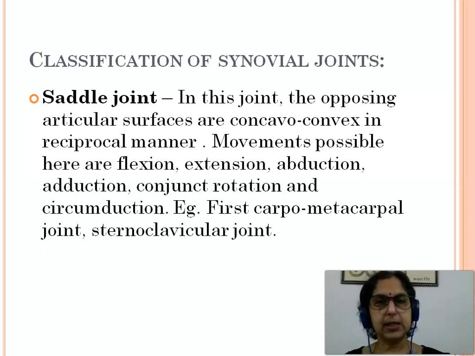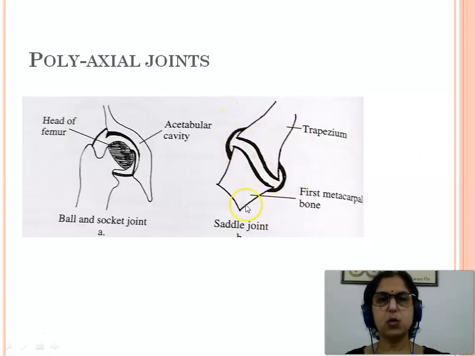And we will also be seeing circumduction in these types of joints. Examples are the first carpometacarpal joint and the sternoclavicular joint. What we see here is a saddle joint where the articulating surfaces are reciprocally concavo-convex or reciprocally saddle-shaped.